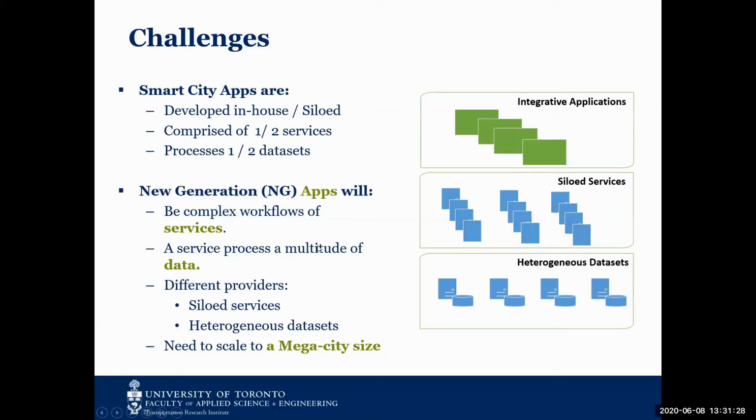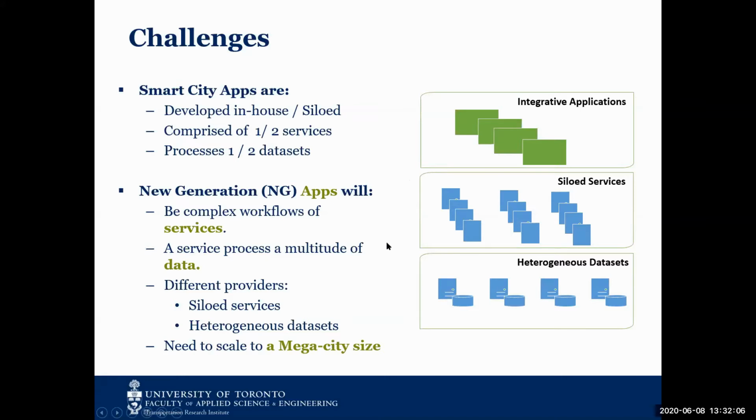Yeah, so the main challenge for this project was trying to develop a set of management services for the next generation city applications. We do see the future of such applications to involve many functional services and to be processing tons and tons of data that are generated from all the sensors out of the Internet of Things.